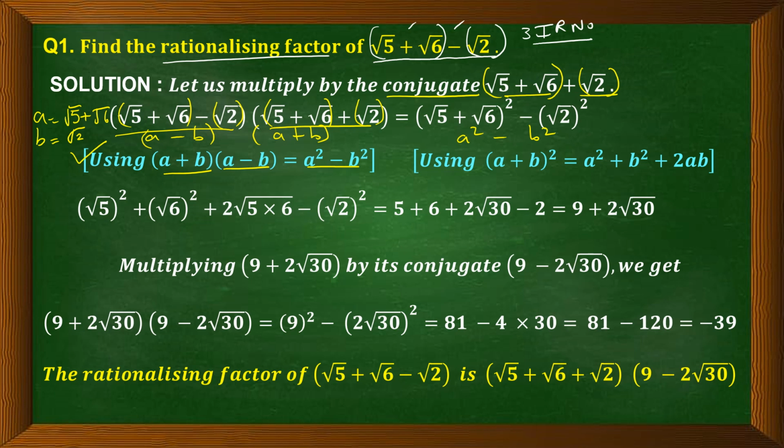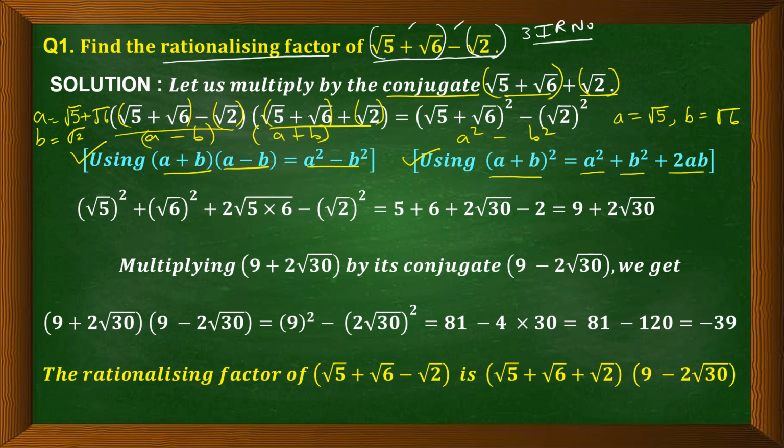Now if you observe, the square of root 5 plus root 6 is of the form a plus b whole square, which is equal to a square plus b square plus 2ab. This is another identity. Using this identity, our a over here is root 5 and b over here is root 6.